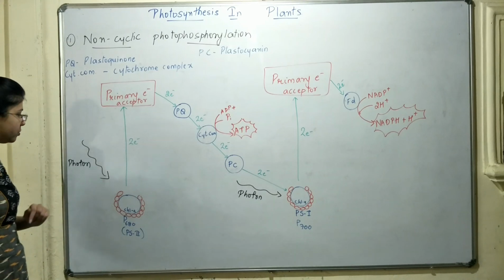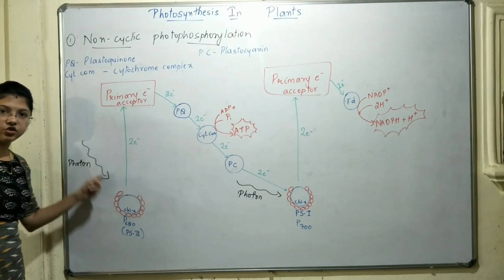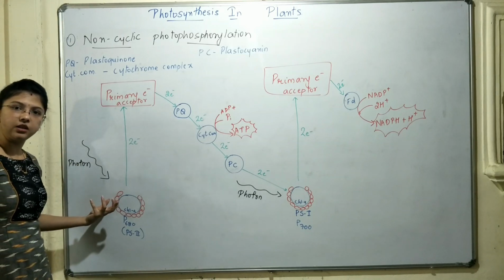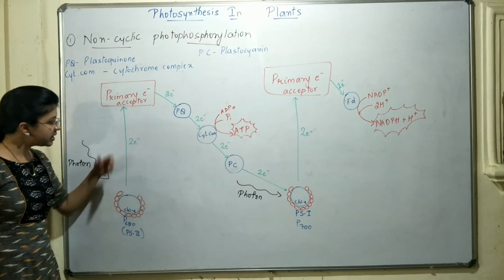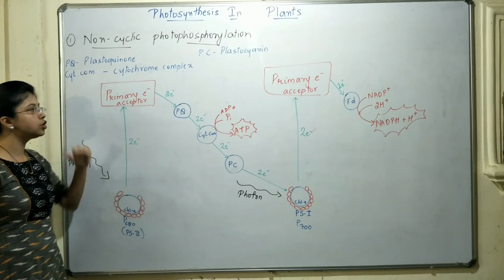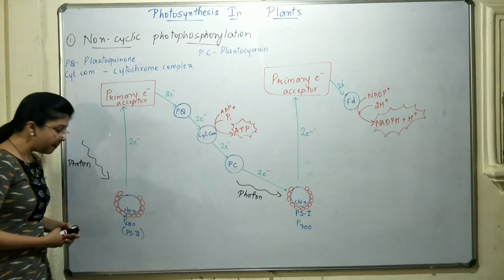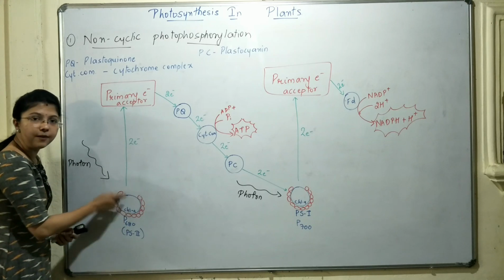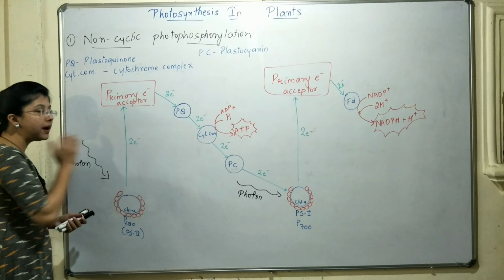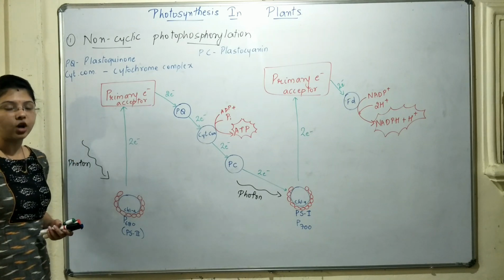Sorry, not reduced, it should be replaced. Continuous light supply during the daytime is continuously exciting the electrons, and these electrons are being transferred to the primary electron acceptors. But then these chlorophyll A molecules should also have electrons that replace the electrons that are being transferred.